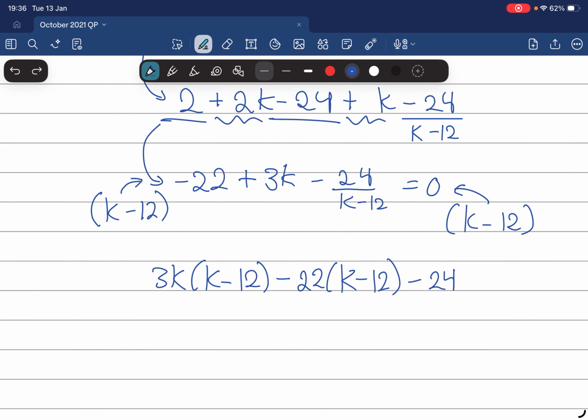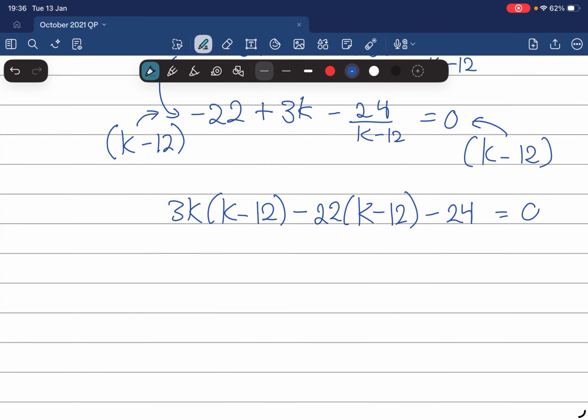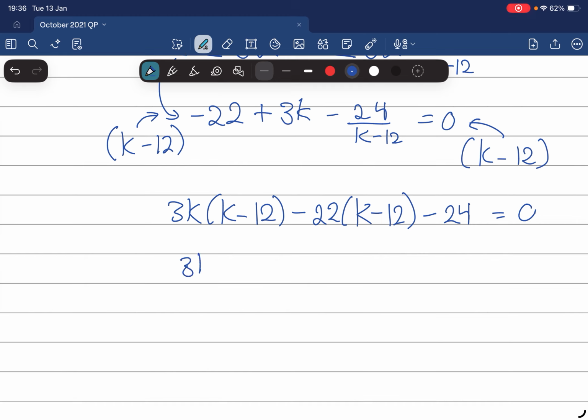So yeah, there we go. We get the bye over here. Right? That's equal to 0. Tidy that up again. K squared minus 36k minus 22k minus, what is it? 240. 240 minus 24 equal to 0.